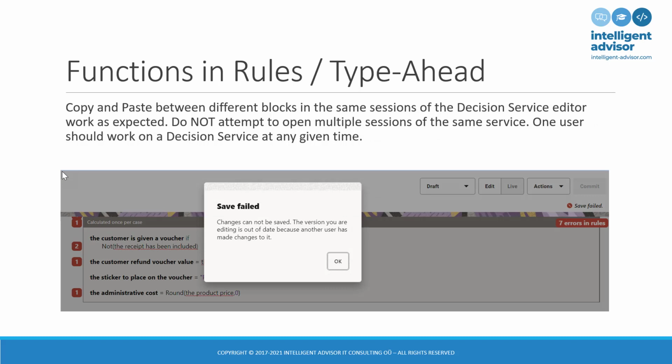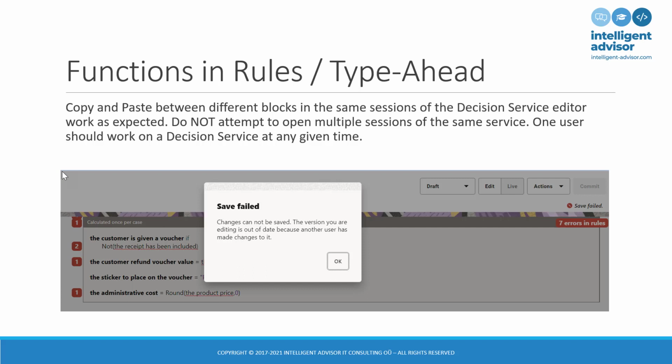On the subject of writing rules in general, copy and paste works fine between different blocks in the same session. Don't attempt to open multiple sessions of the same service. If you do, you'll get into something like this because somebody has saved something ahead of you, and this should be familiar to those of you who've ever had a conflict in Oracle Policy Modeling.